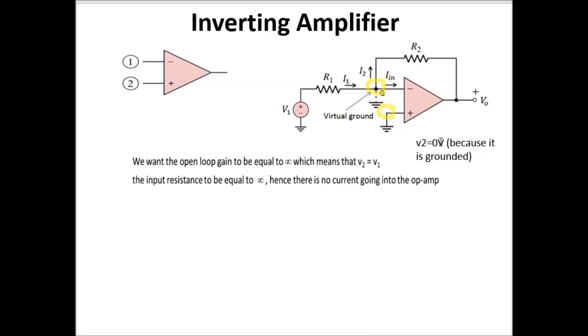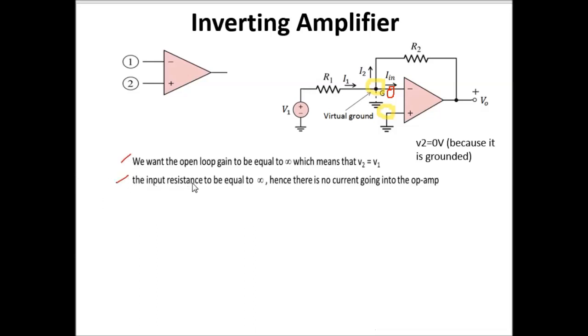And because V2 is 0 volt and we want to take care of the first characteristic, this node is also 0 volt. So node 1 here is also 0. The first one is done.